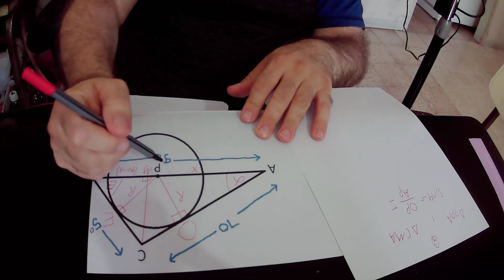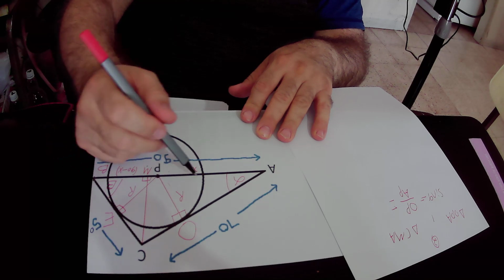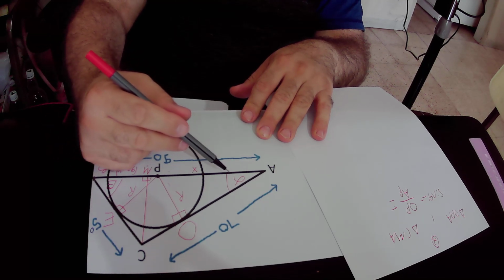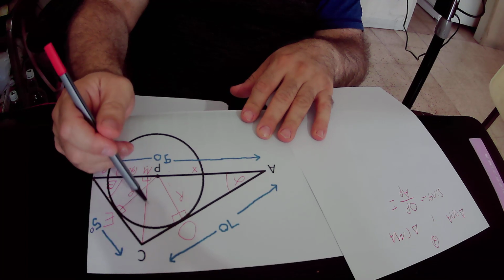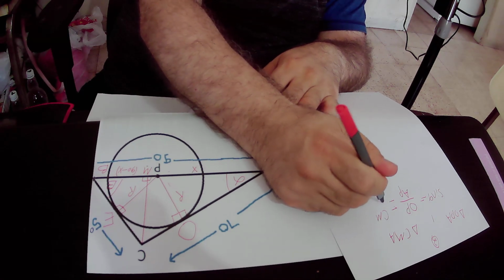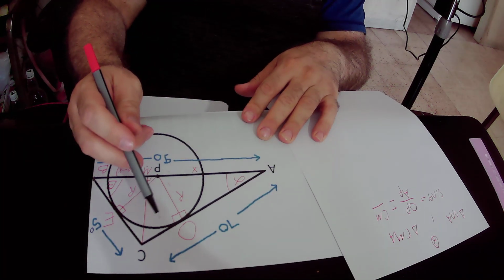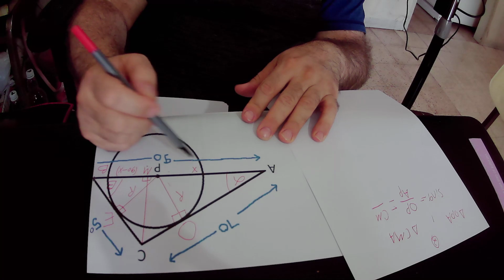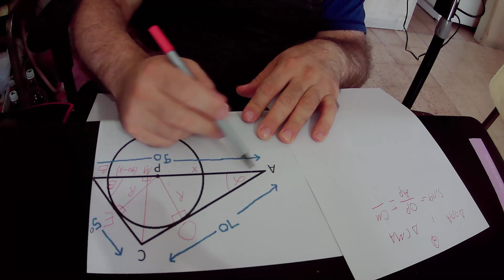And if we focus on the right triangle ACM, then sine alpha equals the side that is in front of angle alpha, that is CM, divided by the hypotenuse of triangle CMA, and the hypotenuse is AC.